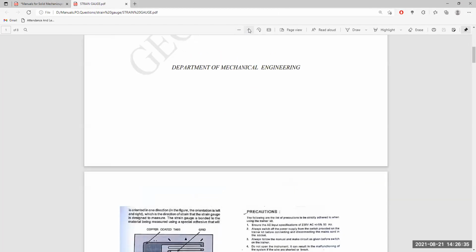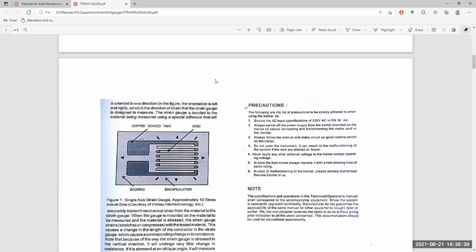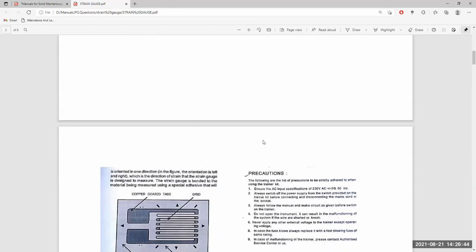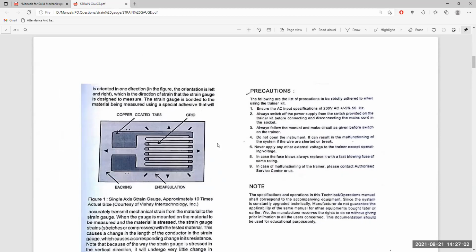The orientation is in one direction, left and right, which is the direction of strain that the strain gauge is designed to measure. And the strain gauge is bonded to the material being measured using a special adhesive that will accurately transmit the mechanical strain from the material to the strain gauge itself.